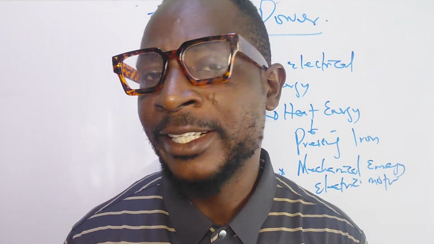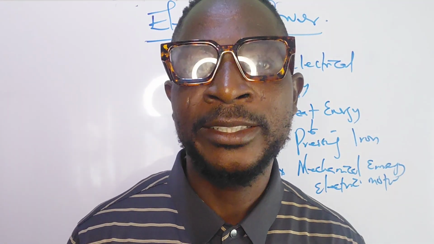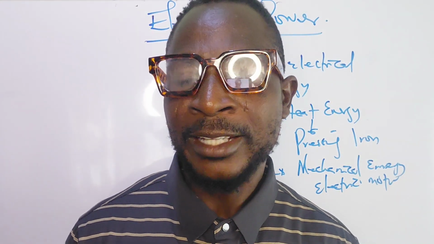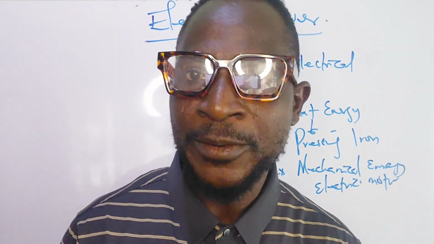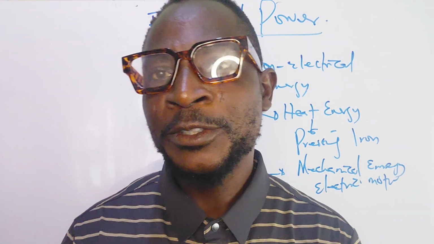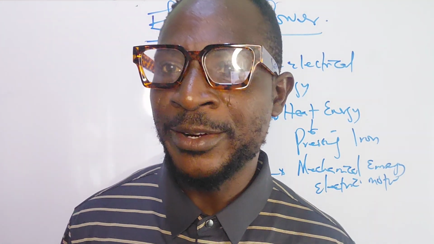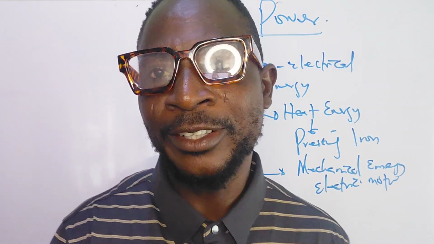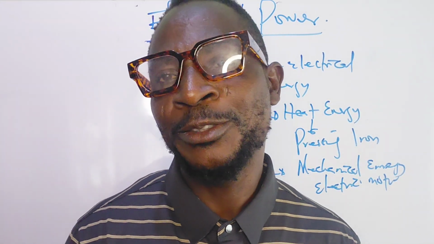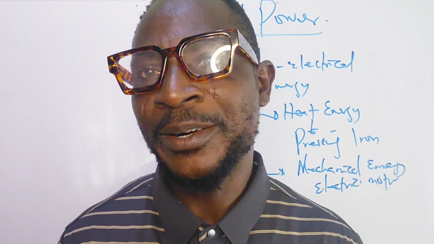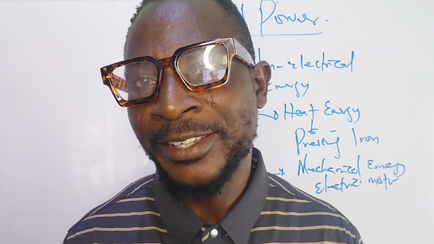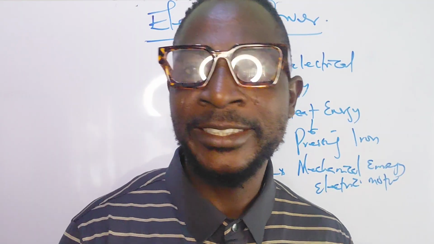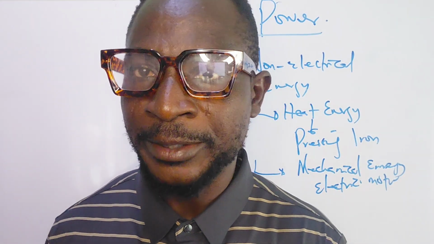Like if you have an electrical appliance that is rated, let's say 100 watts, that 100 watts is the power. But you use it for a period of 4 hours. By the time you multiply that 4 hours with your 100 watts, you should be having 400 watt-hours. That is already the energy. So that's why I say energy is the aggregation of power.